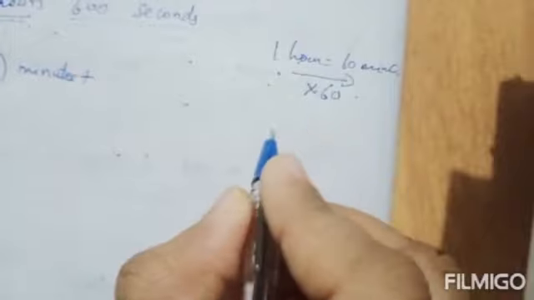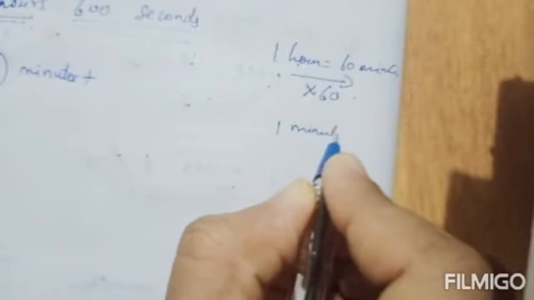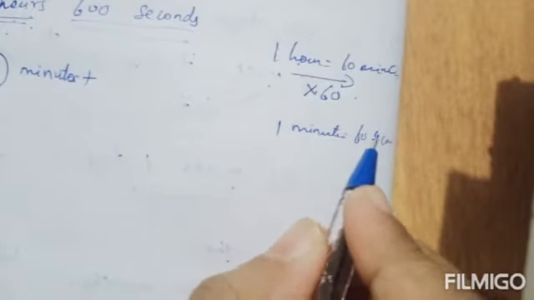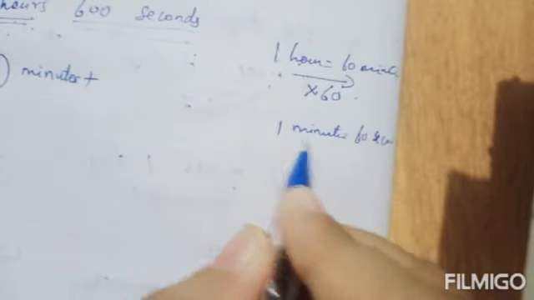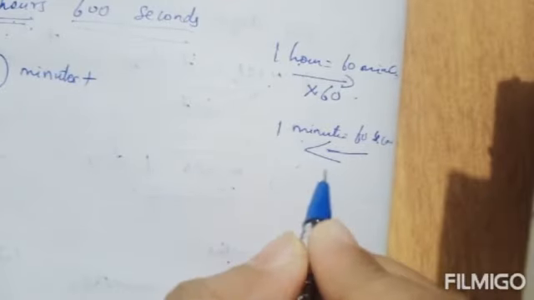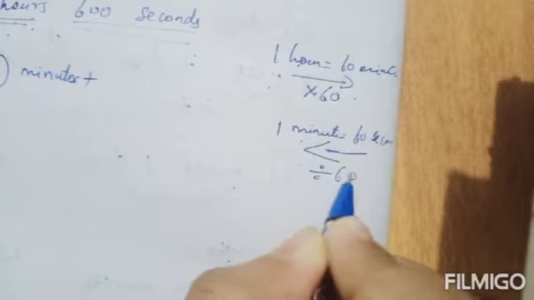Okay, now we know the relation 1 minute equal to 60 seconds. Okay, so how can we convert seconds to minutes? Just divide by 60.